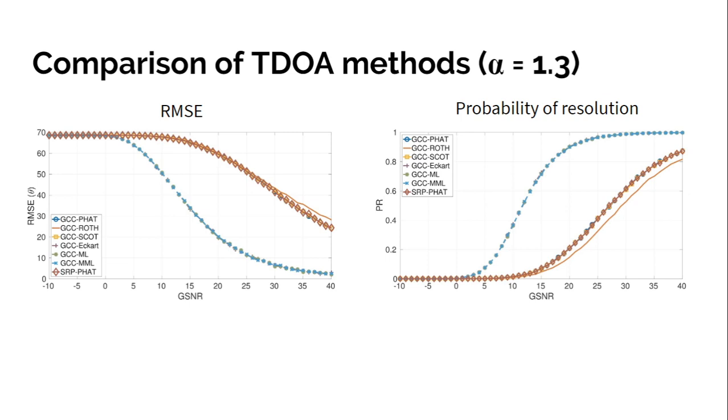I just couldn't find a GSNR that could fit a probability of resolution close to 0.9 for all the other filters, and still the maximum likelihood filters converge only at a much higher GSNR, close to 30. So that makes it clear that we need to develop this kind of filter for impulsive noises. It can be seen here. It's pretty clear that these other filters may not be very useful when we talk about impulsive noises.